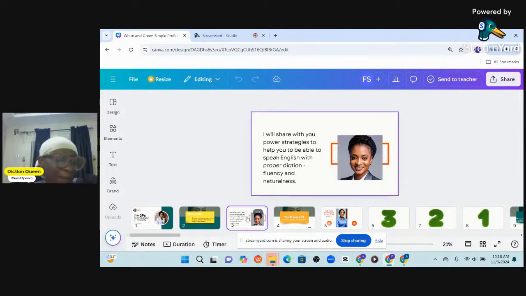The same thing happens with English. Each language has its characteristics. One of the characteristics of the English language is how we pronounce English words. One of the characteristics of our own native languages is also how we pronounce them. So your accent has really nothing to do with whether you're good or bad.